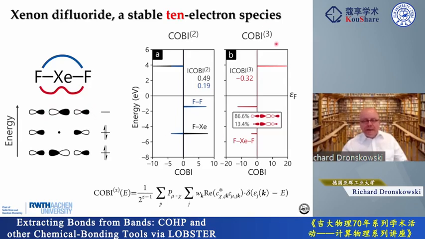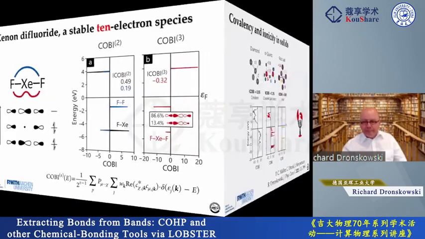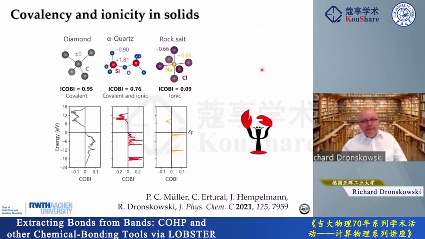So this you can immediately and automatically calculate using LOBSTER: two-center, three-center, four-center, five-center, six-center interactions, and so forth. Of course, you need more and more CPU time, but it's automatically done. And to summarize this for a moment, I just want to show you that by the crystal orbital bond index, you can immediately characterize this bond.